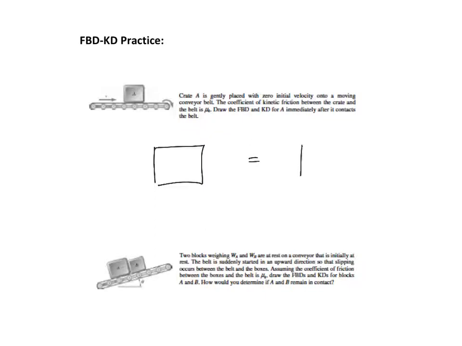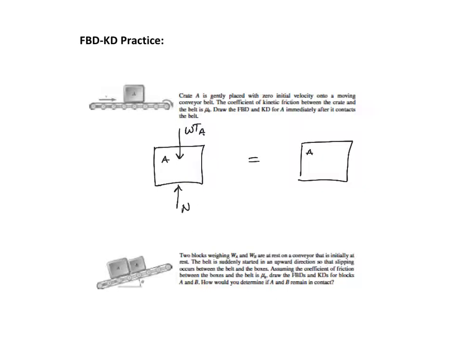So I will start with crate A. All right, 2 pictures of it on both sides. I've got over on the left-hand side all the forces. So I've got the weight of crate A, a normal force from the belt, and a force of friction that's being applied to it.